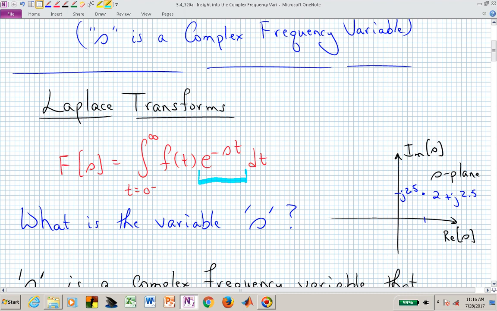So this Laplace transform tells us how to boil down what f of t is as a waveform into a frequency domain expression, or a rational expression in terms of polynomials of s. That's going to happen as this e to the minus st correlates well or not so well with the time domain waveform f of t.